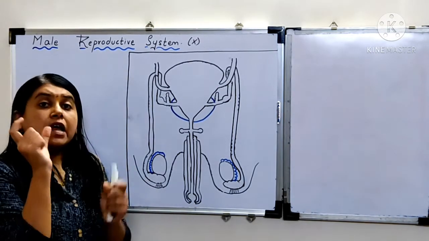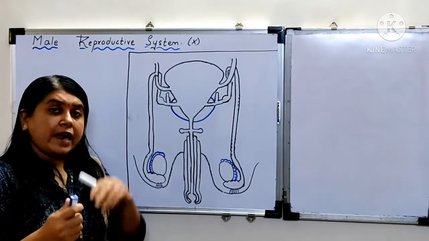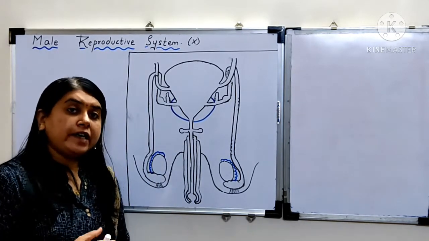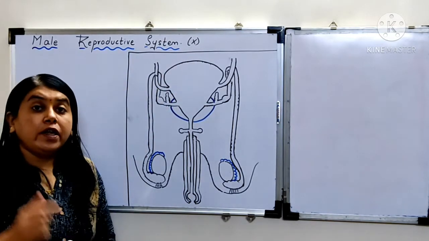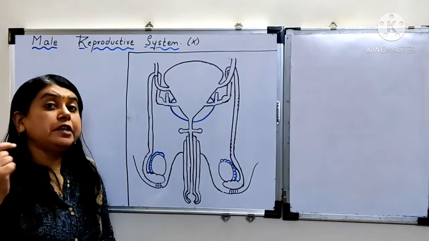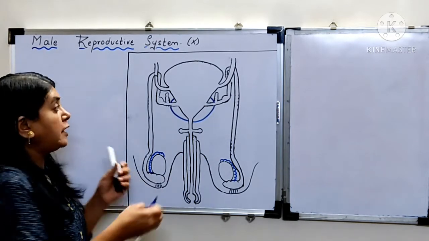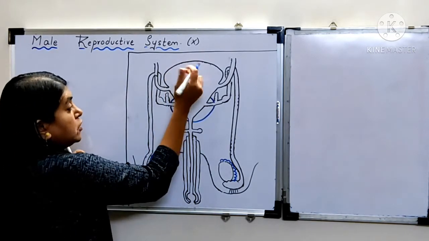Now let us label some parts and then we would describe each part in detail. So this pear-shaped structure that we have drawn, it is called as the urinary bladder. So I will just label that part, this pear-shaped structure.